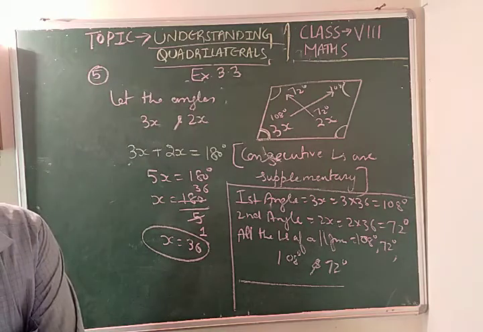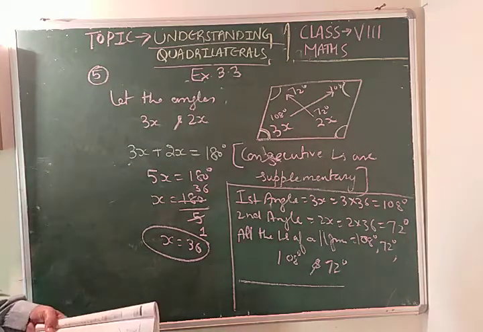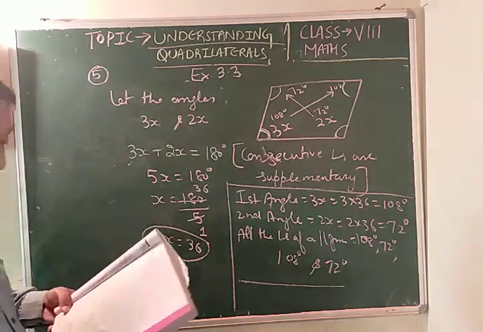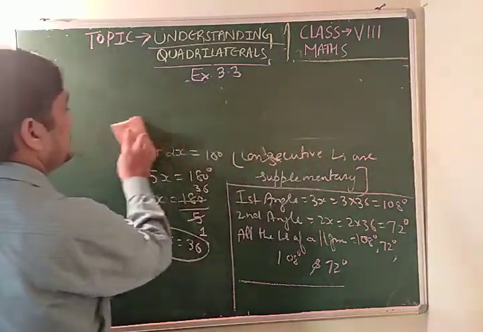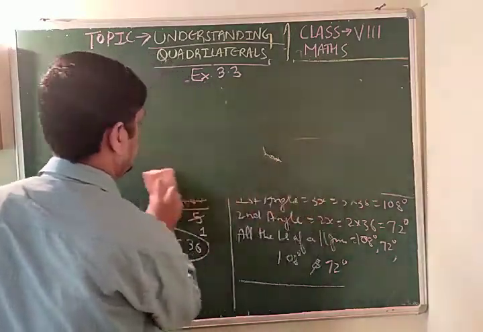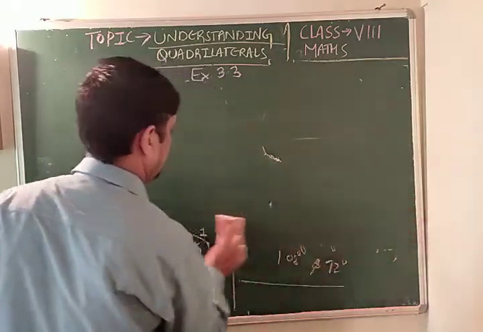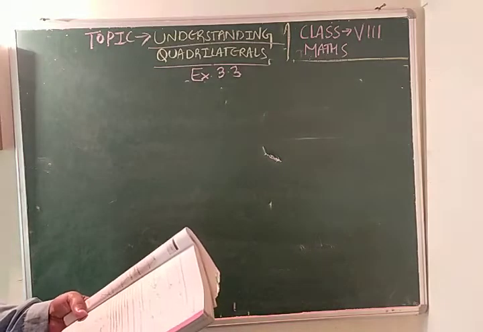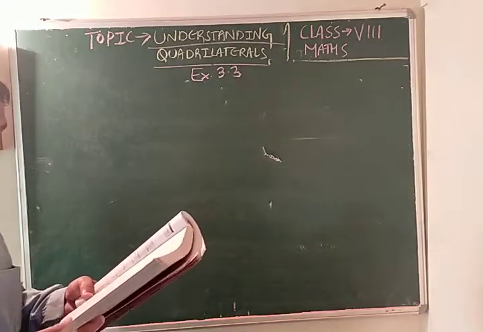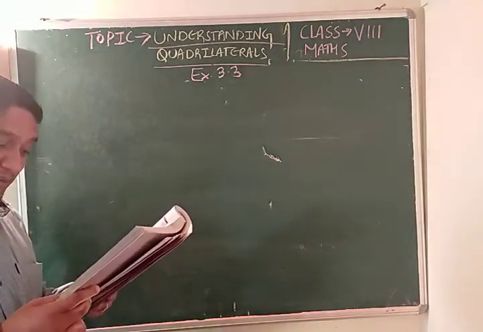Next, question number 6. Children, listen carefully. Question number 6 is, two adjacent angles of a parallelogram have equal measure.